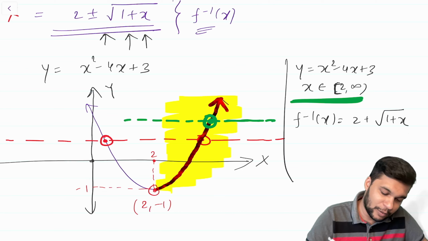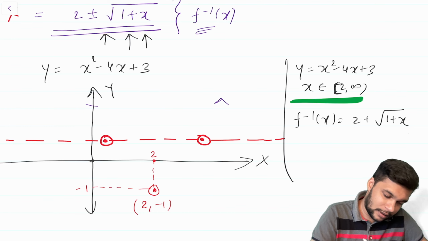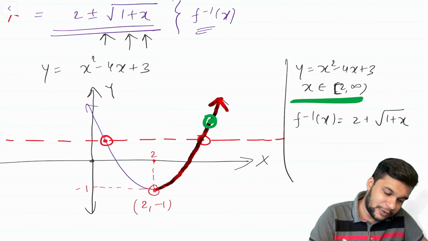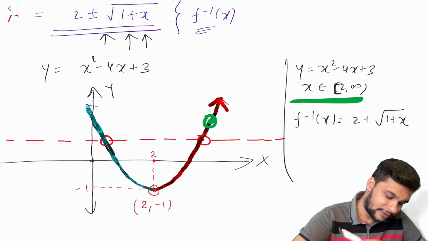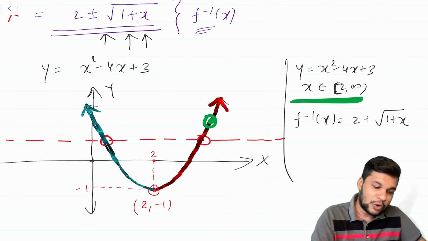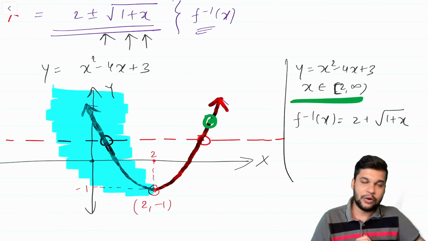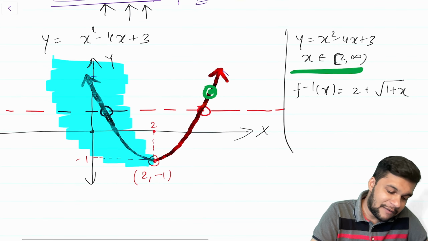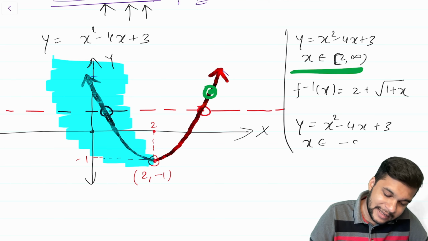For example, let me give you one more example. Let me erase this. Now let's say I'm talking about the left half, only this half of the graph. So the question here is, you have a function y equal to x square minus 4x plus 3, but x belongs to minus infinity to 2.